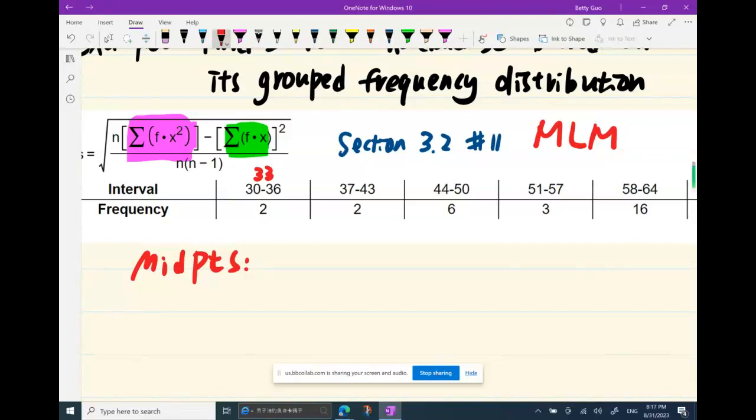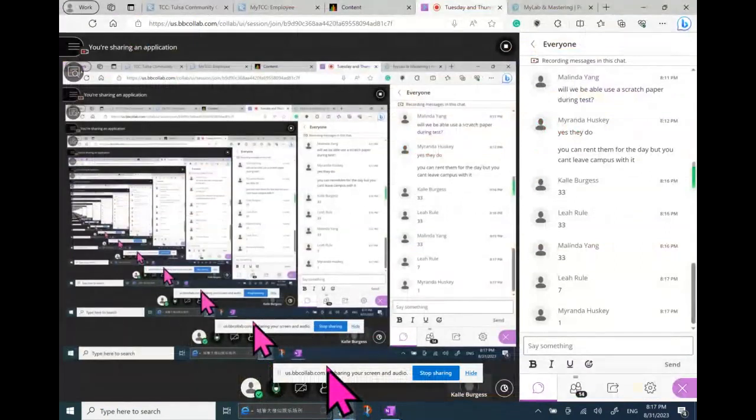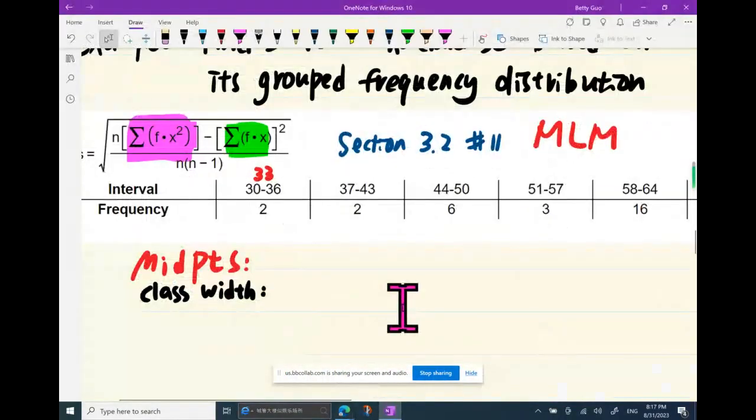For the middle points of other classes, there's a trick. Let's find the class width. What's the class width? Not 6, by the way. It's 7, right? Class width is the distance between any two consecutive lower limits. The first lower limit is 30, the second lower limit is 37.